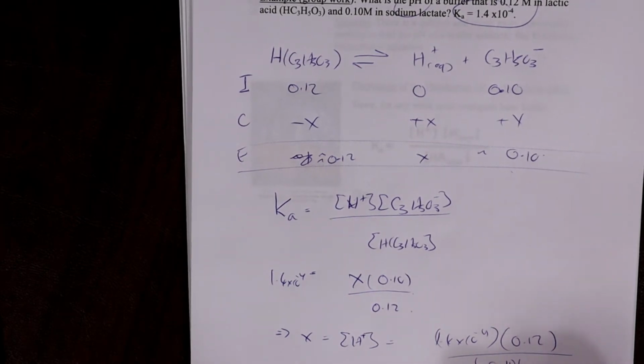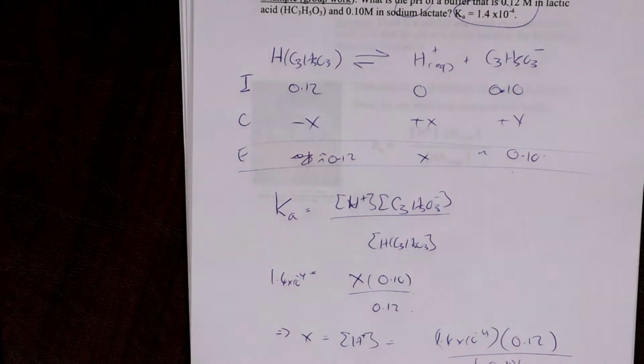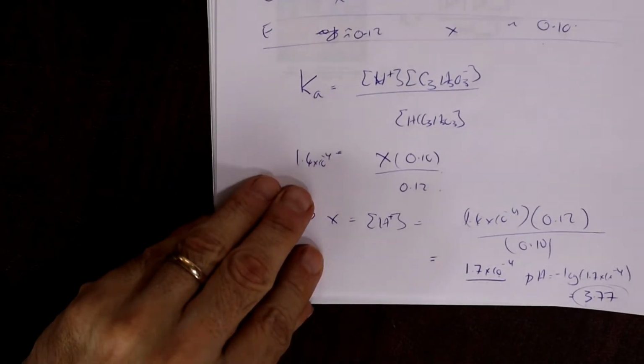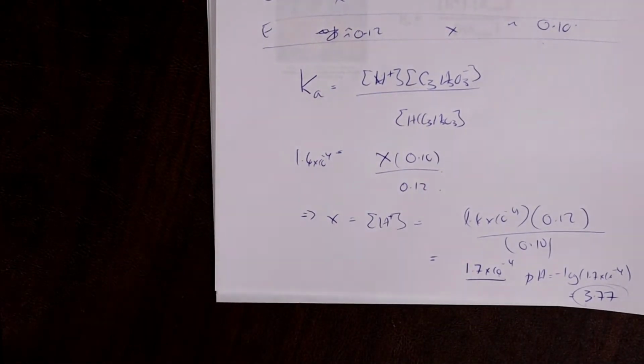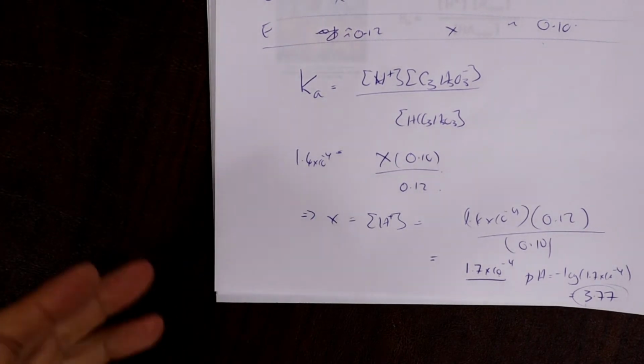So pH is minus log of the H plus ion concentration, which is 3.77. So that buffer will maintain a pH of 3.77 when you throw in an external H plus or OH minus.